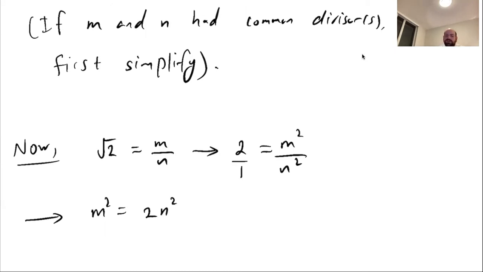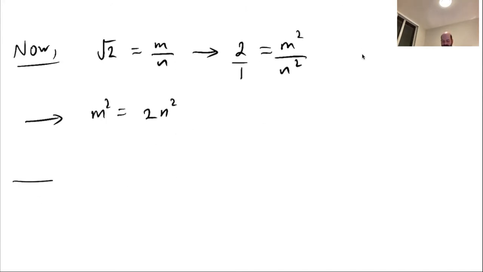Now, m squared is 2 times some number. If a number is of the form 2 times another number, it means that number is even, right? So I can say m squared is even.